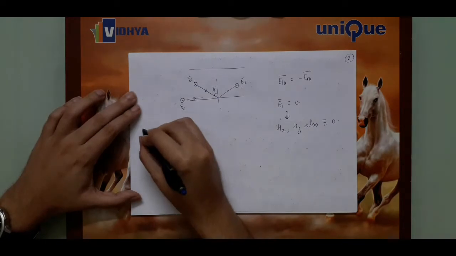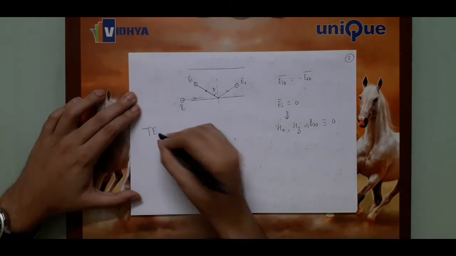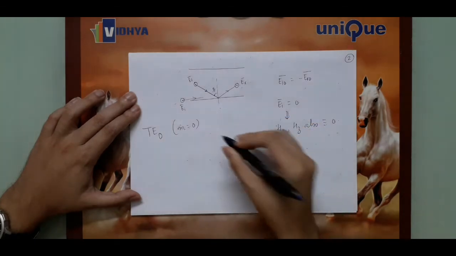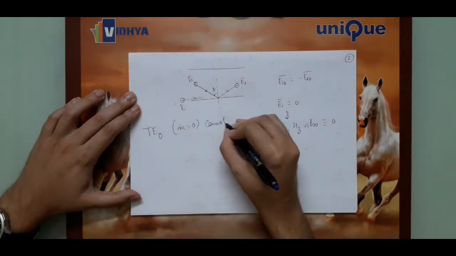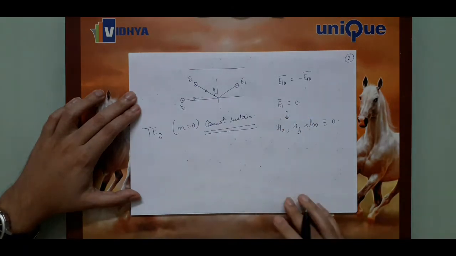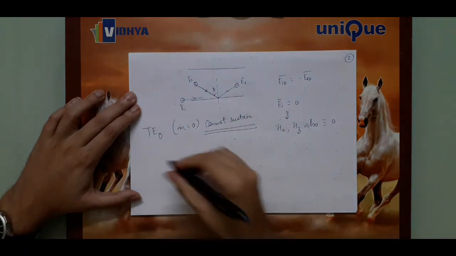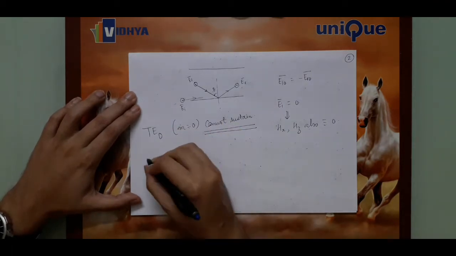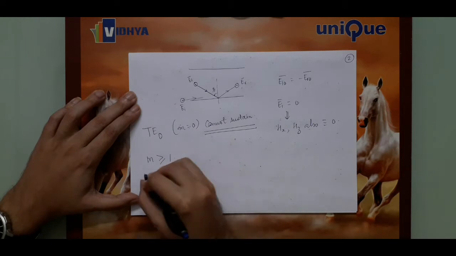So therefore, TE with the mode of 0, that means m equal to 0, cannot sustain. So for the transverse electric case, the minimum possible value of m you can have is 1. So m can be more than or equal to 1.